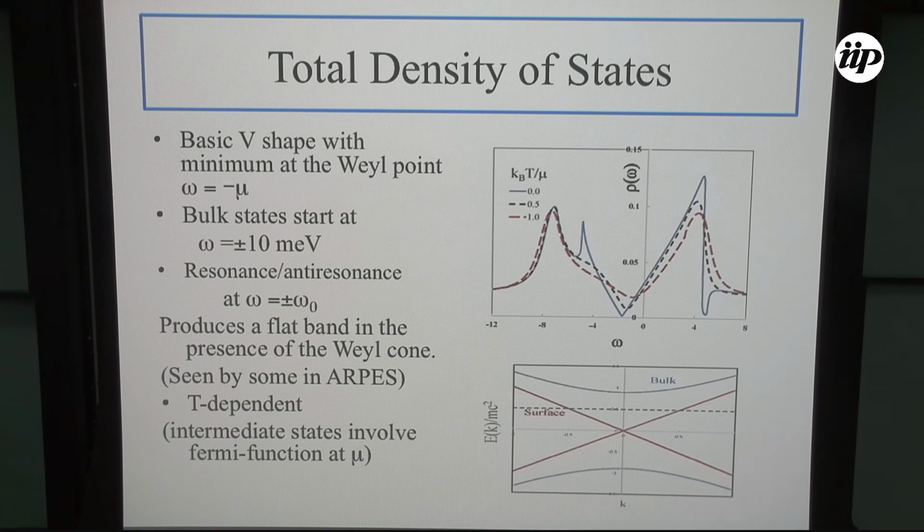Now, I think most of the ARPES data shows that these are surface states, and they see this V-shaped density of states, and they see the dispersion relationship.